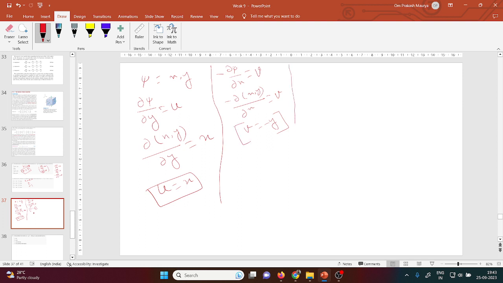You know the potential function, what is this? Here we will write only 2 because only xy is given here.